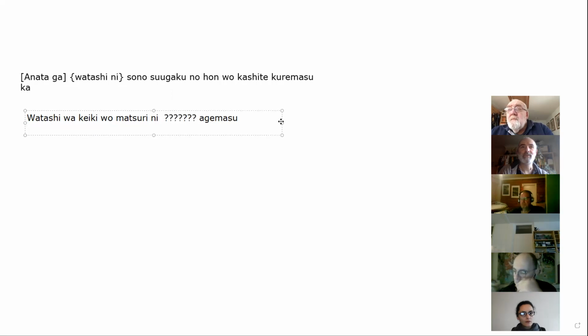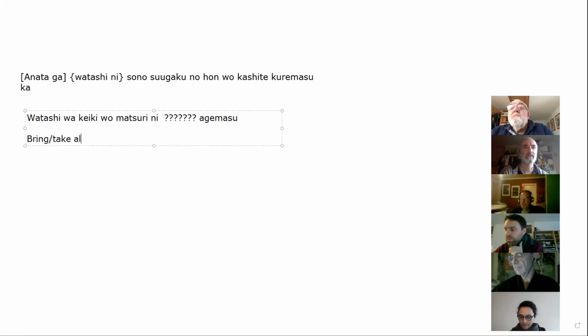So we need the verb. We need the verb. So to take something. Do you know this, guys? Che devo mettere qua? Non mi ricordo che c'era scritto. So bring or take along. The easiest one is motte iku.